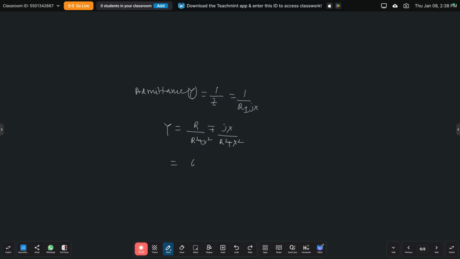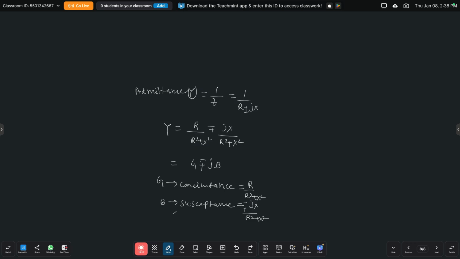So you can write this as G minus or plus jB, where G is called the conductance, that is equal to R by R square plus X square, and B is called the susceptance, which is equal to X by R square plus X square, right?